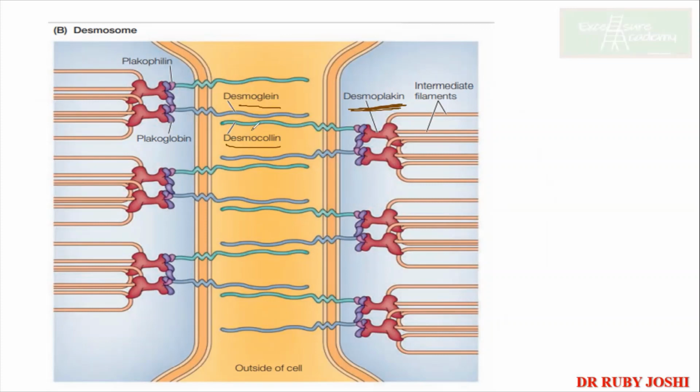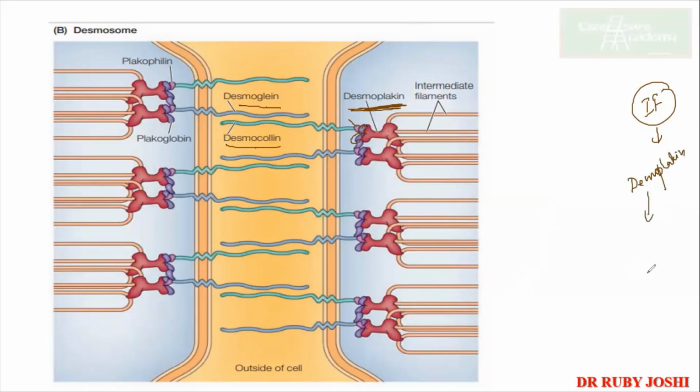Okay, and again this is desmoplakin which is in connection with the desmocollin and desmoglein with the help of the plakophilin proteins and plakoglobin proteins. Okay, these are your plakophilin, these are your plakoglobin, and all these are in connection with the intermediate filaments. Okay, did you get it? So first is the intermediate filaments. They are attached to your desmoplakin.